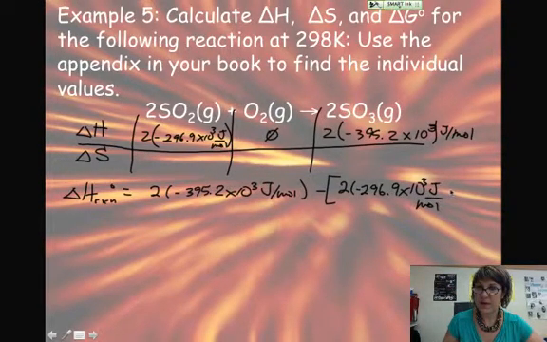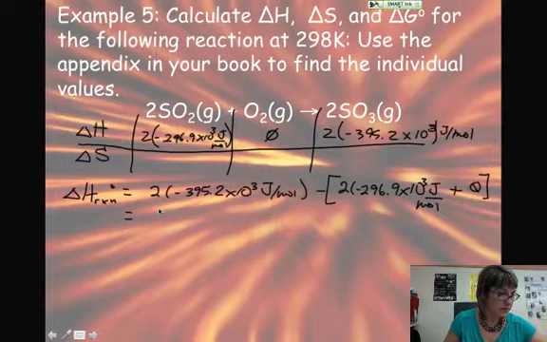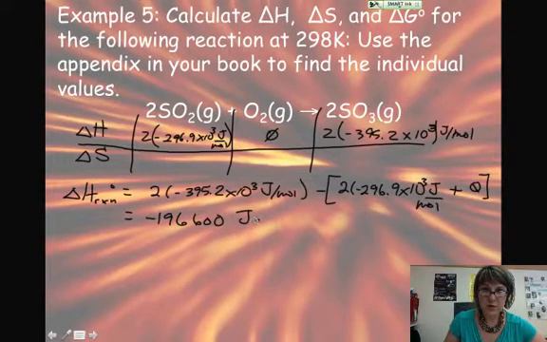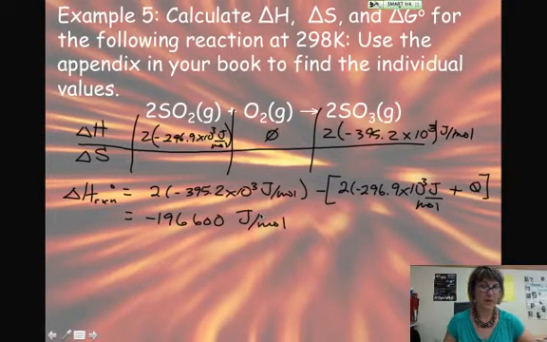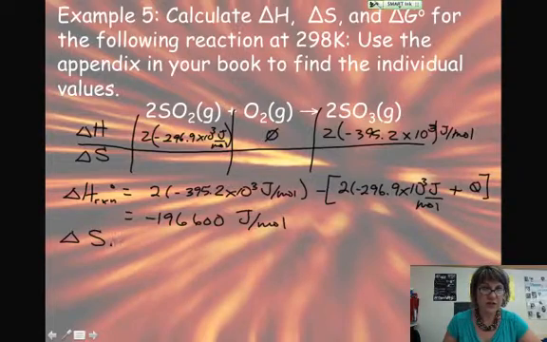And then we add the enthalpy change for oxygen, but that should be easy math for you since that enthalpy change is 0. And my result was, let's keep an eye on our sig figs here, negative 196,600 joules per mole.